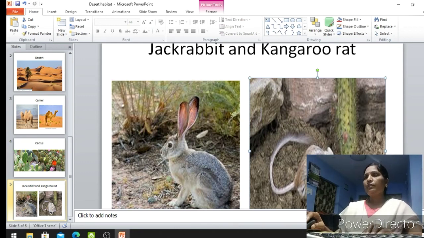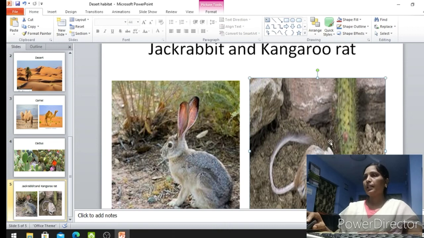And next one is this picture. Most of the animals which live in the desert areas are nocturnal animals. Nocturnal means they live in the night time, and come out at night to feed themselves. For their feeding purpose, they move only at night.